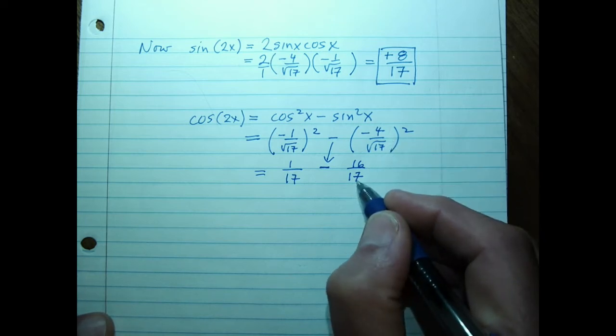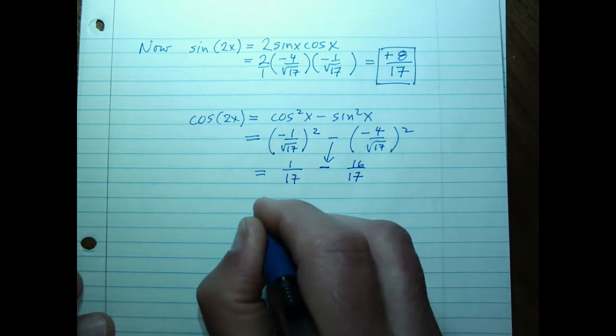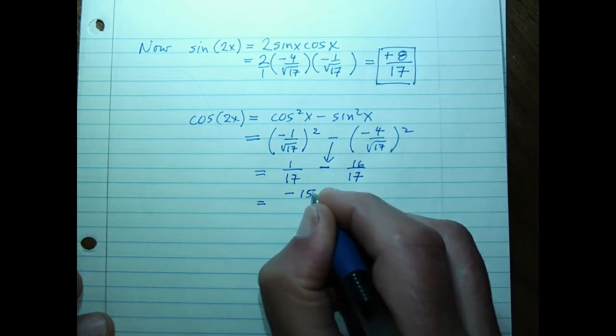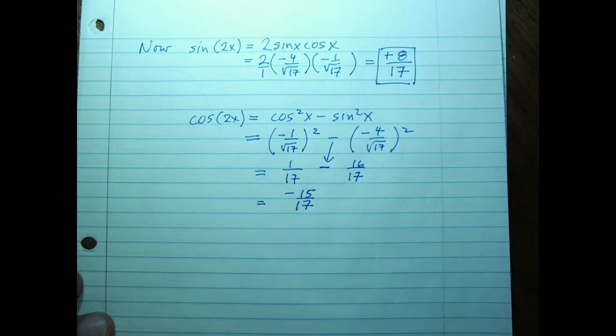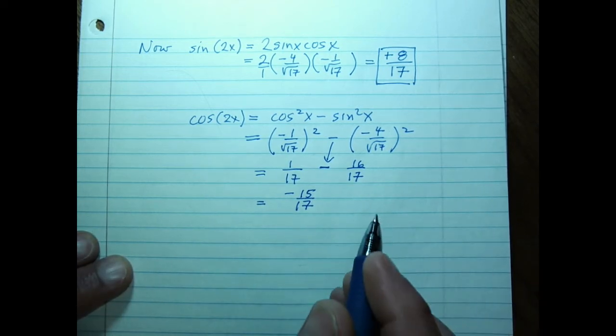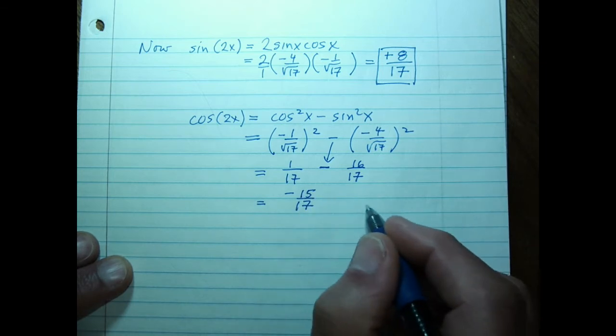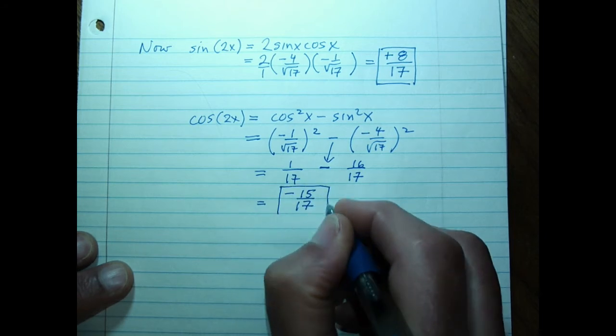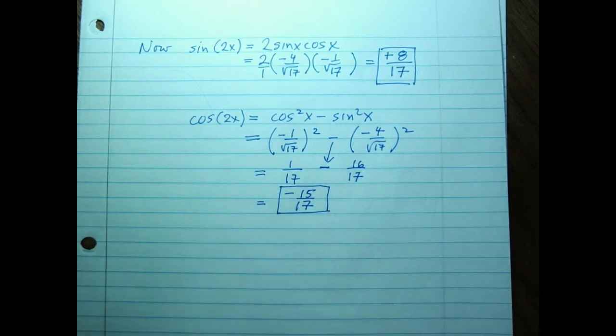But the square root just gives me 17 back. So it looks like I get 1 minus 16, negative 15/17ths. Well, I get a negative value for cosine. Sine is positive, cosine is negative. Well, I guess I know which quadrant I'm in now, right? Got to be in quadrant 2, but I didn't know that till just now. There's my value of cosine 2x.